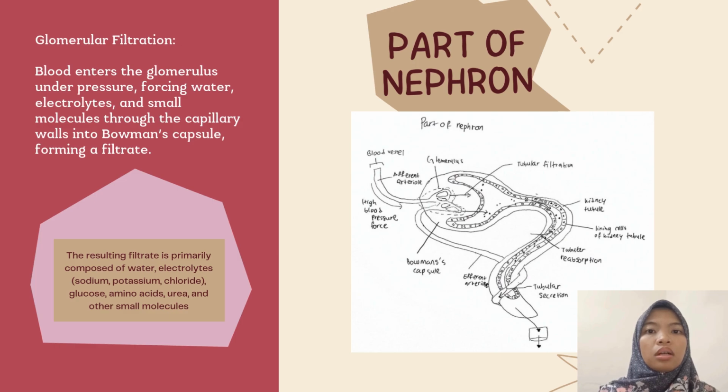In glomerular filtration, blood enters the kidney through the renal artery and reaches the glomerulus, a network of capillaries surrounded by the Bowman's capsule. So high blood pressure in the glomerulus forces water, electrolytes, glucose, amino acids, and waste products out of the blood and into the Bowman's capsule, forming the glomerular filtrate.